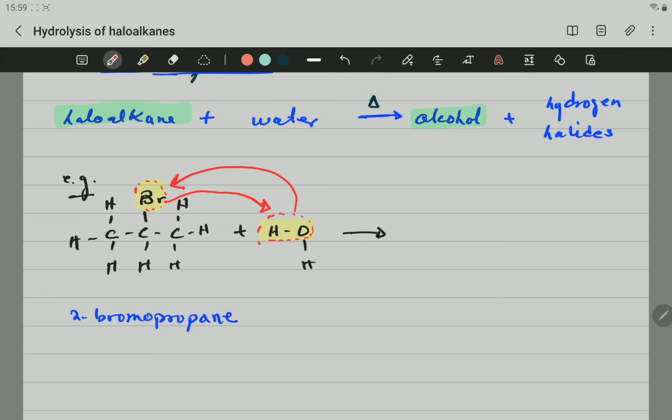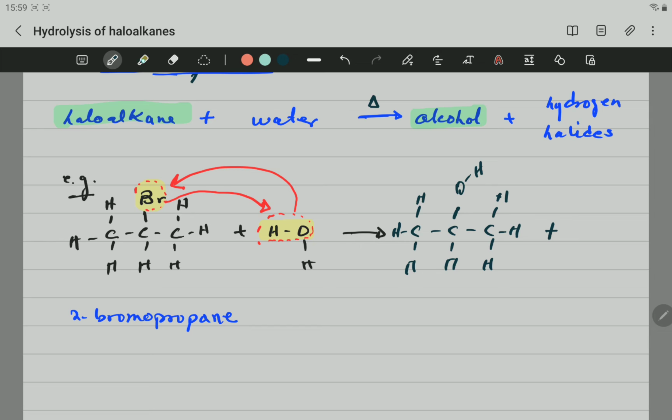In the product we have the 3 carbons with all the hydrogens that they had before, and where it was Br, instead we have the OH that is coming from the water. What is left?